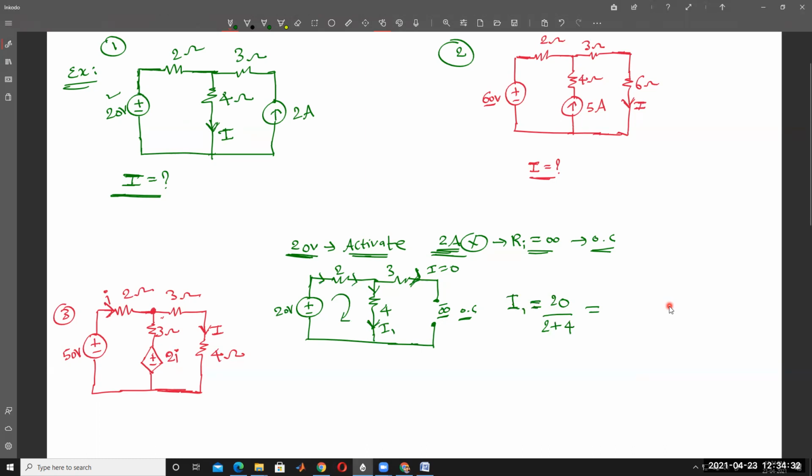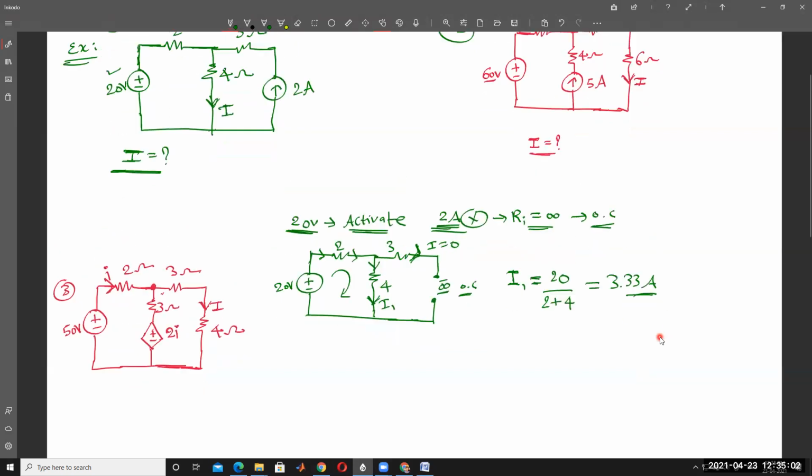For example, if a fan switch is on, current flows to the fan and it rotates. If the switch is open, no current flows to the fan. That's why open circuit means no current. So 20 divided by 6 gives 3.33. This current is 3.33 amps.